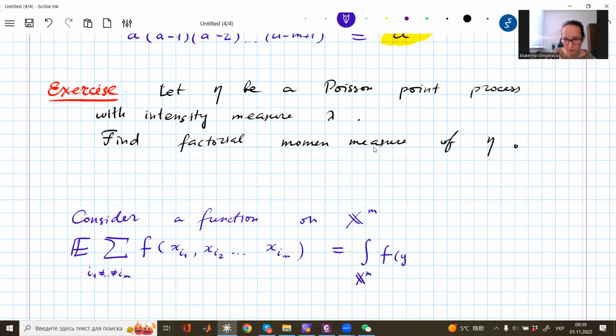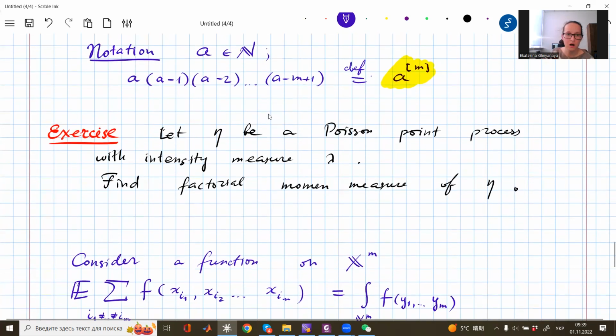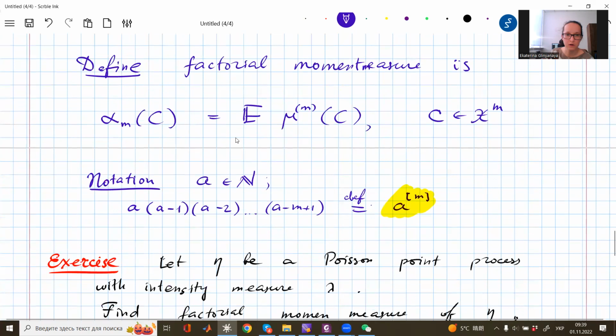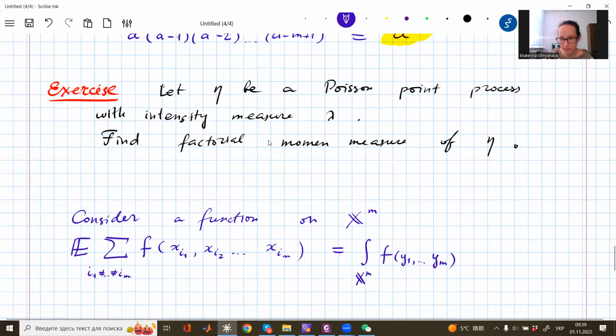Let me write y for the coordinates of integration, and here I write this factorial measure alpha_m of dy_1, ..., dy_m.